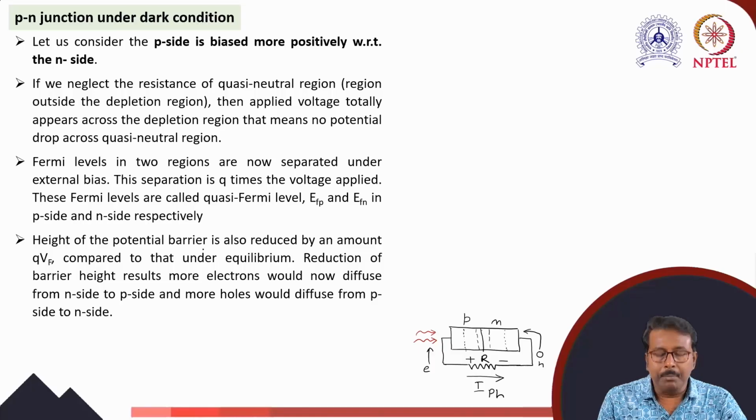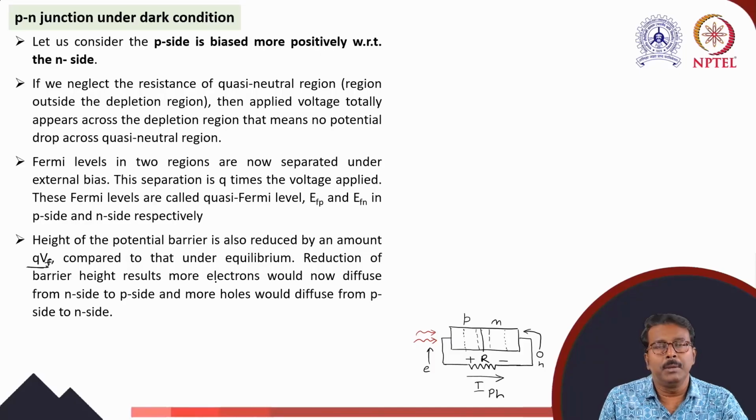Now the height of the potential barrier will also be reduced due to the presence of the forward bias voltage, and the amount of this reduction will be Q times Vf, where Vf is the forward bias voltage, compared to the barrier height at equilibrium.